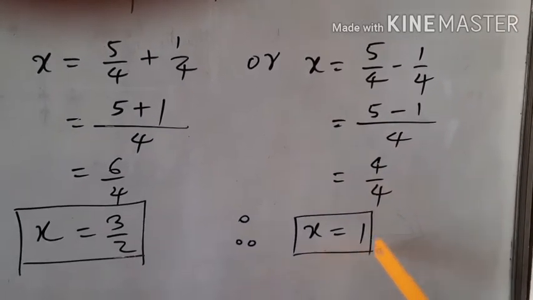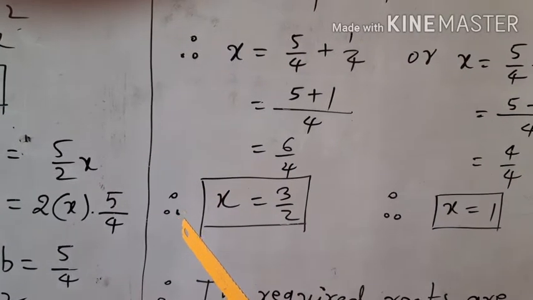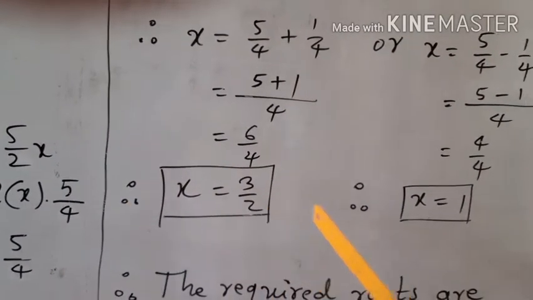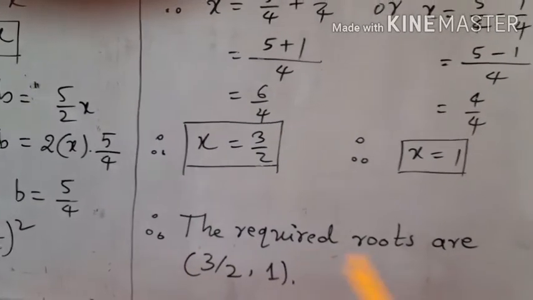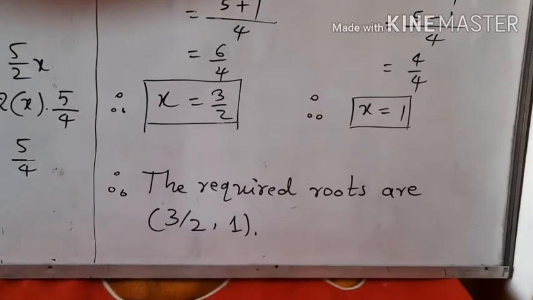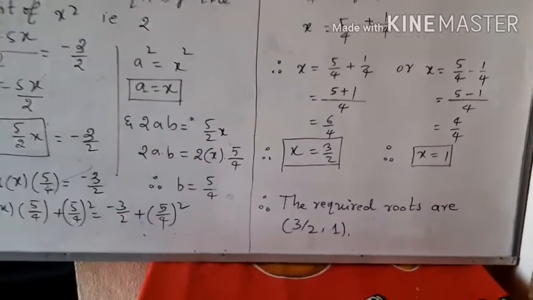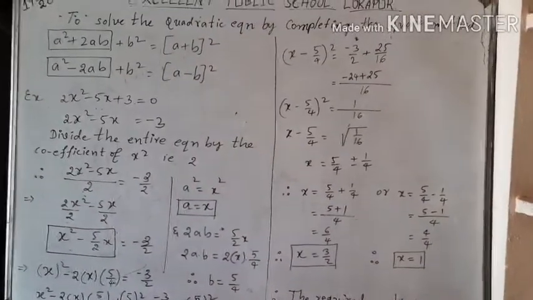Now it is x is equal to 1. So the value of the roots are x is equal to 3 by 2 and x is equal to 1. So the required roots are 3 by 2 comma 1. This is how we find the roots of the quadratic equation by completing the square, right?